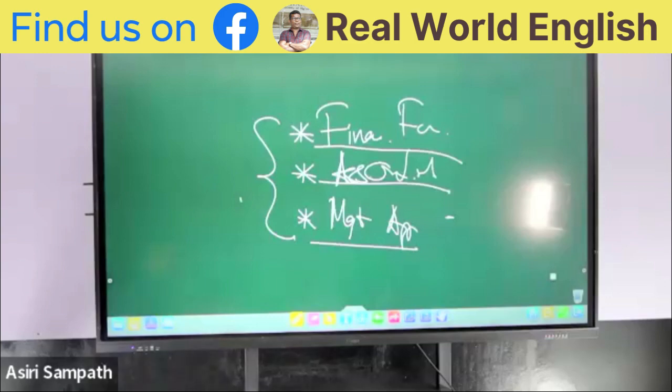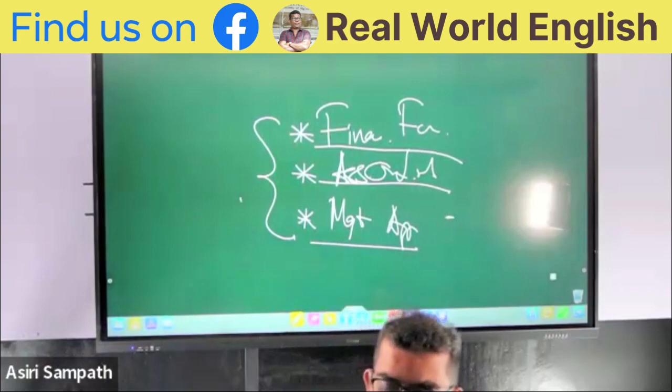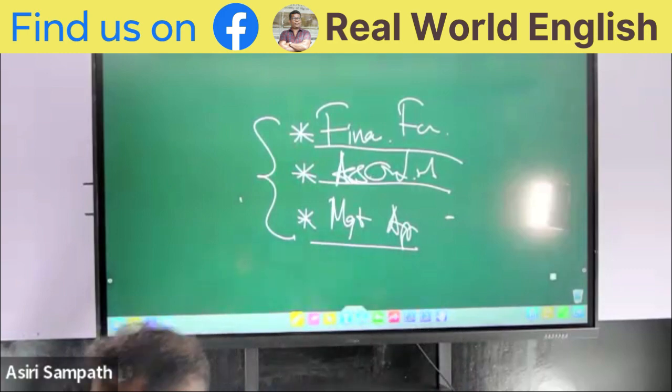First star mark: financial form. Second star mark: movement in assets and liabilities. Third star mark: management approval.